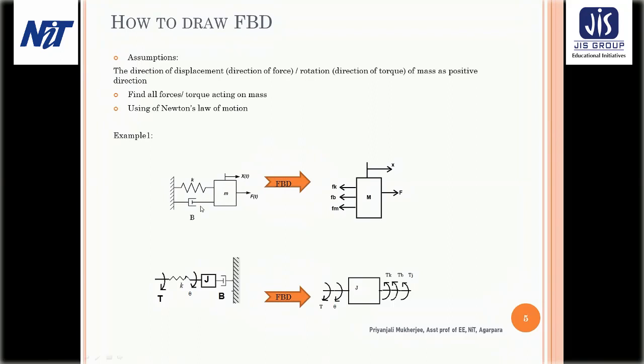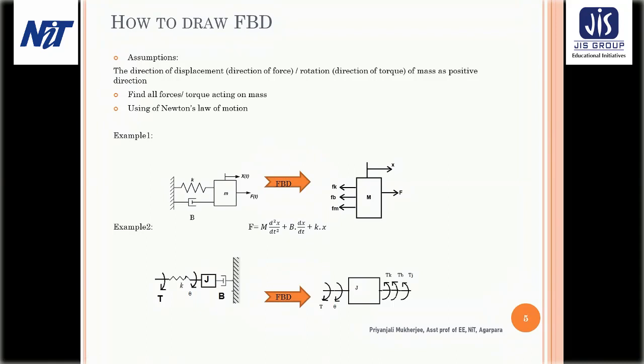When k and b both are extended, they will exert the force in the direction outwards from the body. Hence, the applied force is equal to the summation of all these three forces. So we can write F is equal to m d²x/dt², that is Fm, plus b dx/dt, that is Fb, plus kx, that is Fk.